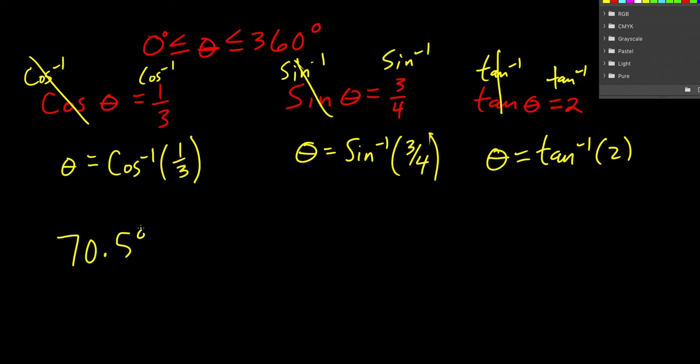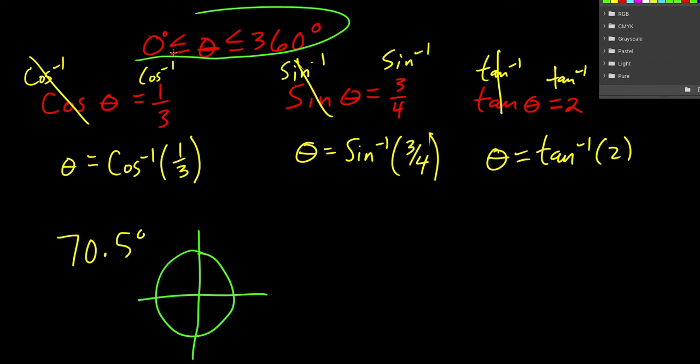Now, the issue is our calculator only gives us part of the story. So if we look at this, and we're going 1 full rotation, because that's what this tells us. If we look at cosine of 1/3, remember cosine is an x value. So if we have an x value of 1/3, in 1 rotation, we actually have 2 places where that's true.